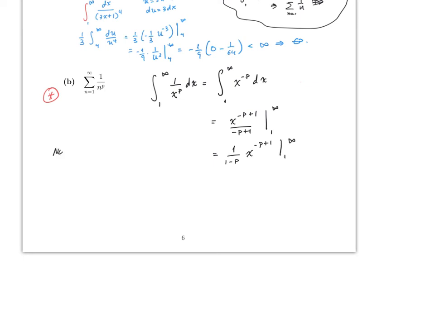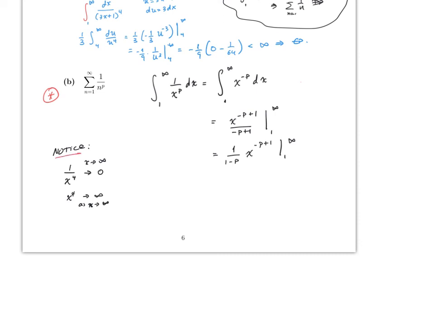Okay, so notice that if you have 1 over, let's say, x to the 4, this clearly goes to 0 as x goes to infinity. But if you have x to the 4, well, this goes to infinity as x goes to infinity.